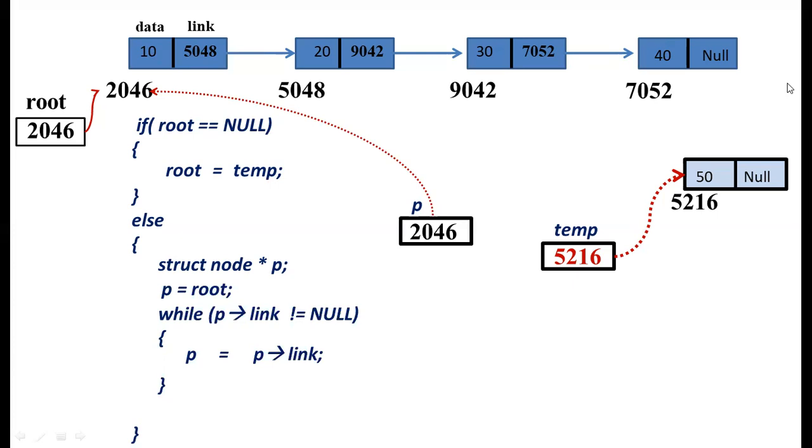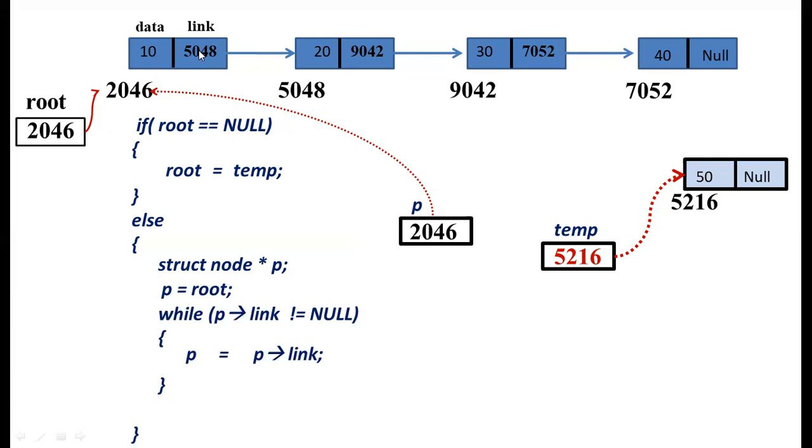Here the P value is 2046. Suppose if the link field is null, then it is the last node. But here the link field is not null, it is 5048, so it is connected to some other node.